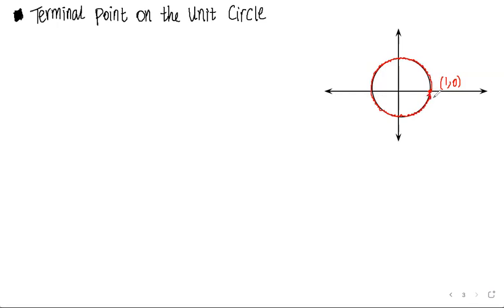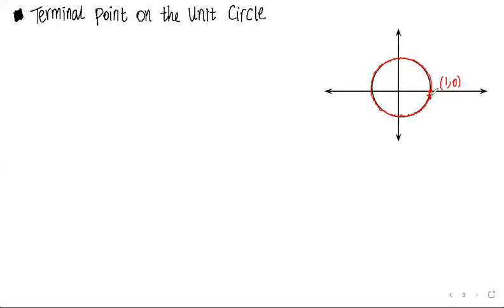My question is now, what's the distance for this unit circle? What is the distance if I start from this point, move around this circle, and return back to the same point?